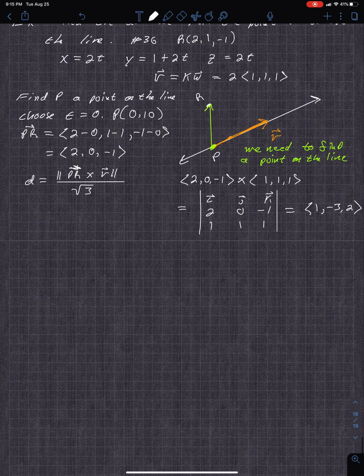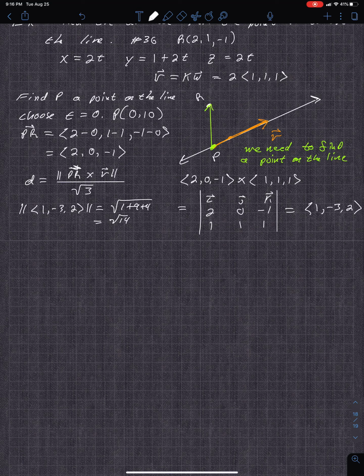And then you got to do the magnitude of that. So it's the magnitude of 1, -3, 2. When you do that magnitude, you get 1 + 9 + 4, so it's the square root of 1 + 9 + 4, which is 14. So it's root 14.